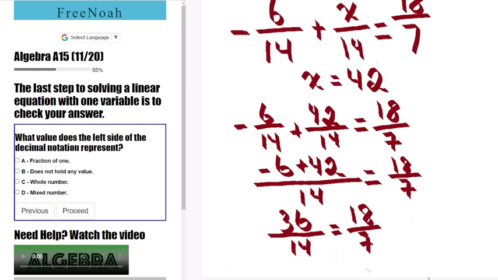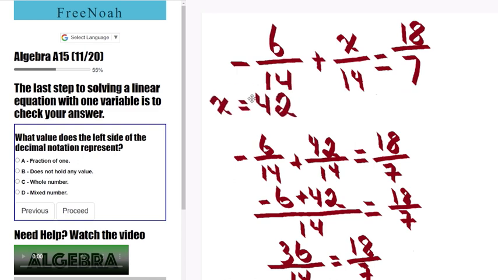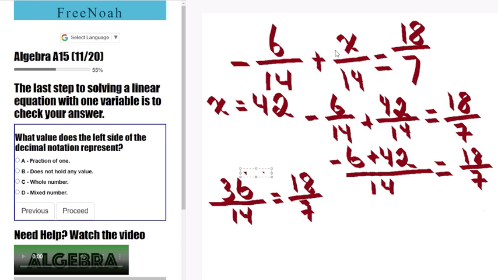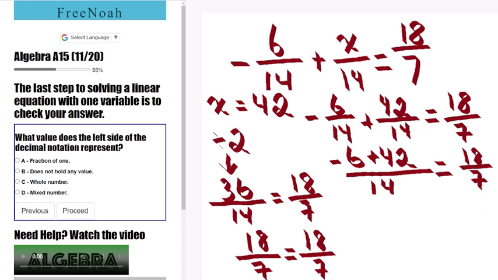And 36 over 14 divided by 2 will give us 18 over 7. Once you solve for 36 over 14's lowest term, divide by 2, simplification there, lowest term.